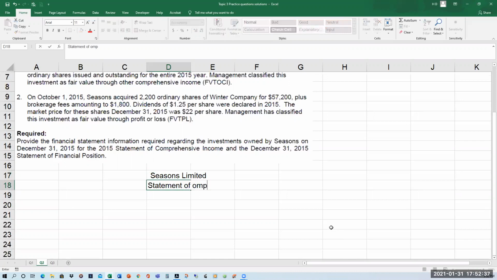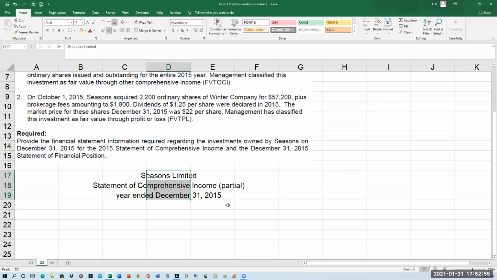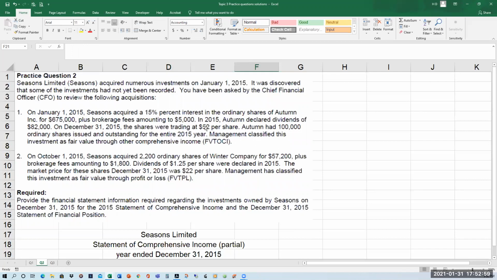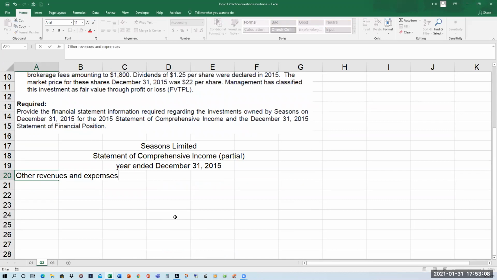Statement of comprehensive income, year ended December 31st, 2015. And so what will we be reporting? Any dividends we know are reported as part of the income statement portion, so under other revenues and expenses.